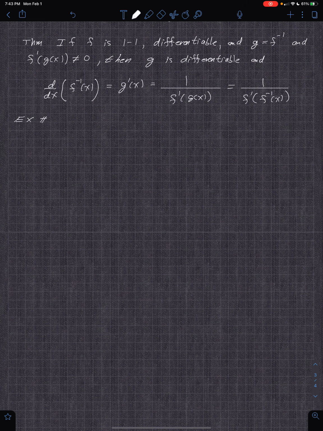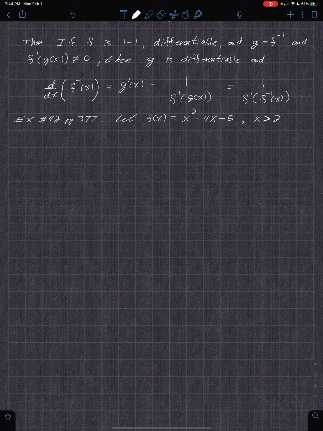Example, we're going to do number 42 on page 377. So if you're really into this right now, try it. Look it up and try it in the book. If not, well, just follow along. Okay, so we're going to let f of x equal, and this is just a polynomial, x squared minus 4x, quadratic, I guess, minus 5. x is greater than 2.